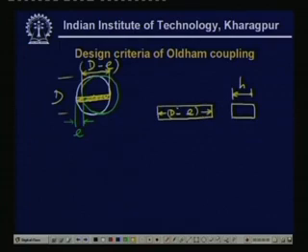Now, it is difficult to find the exact distribution of the force, but what we can assume is that the force is triangularly distributed. That is, the distribution is somewhat like this. So it goes from 0 to a maximum P.